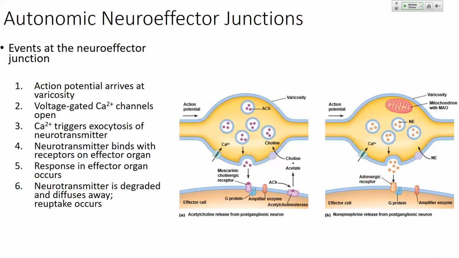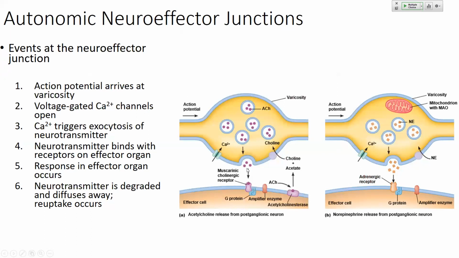Where are the nicotinic cholinergic receptors? Good. So this is at the synapse where we have that one-on-one conversation between a preganglionic neuron and a postganglionic neuron. So on the membrane of that postganglionic neuron is where we would see your nicotinic receptors. On the effector tissue is where we have muscarinic cholinergic receptors.